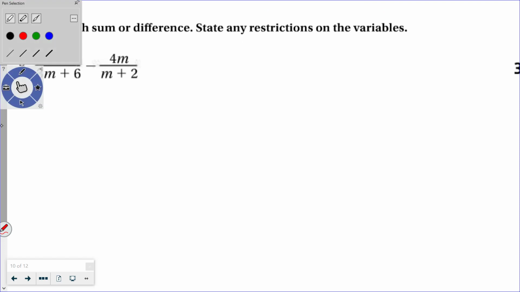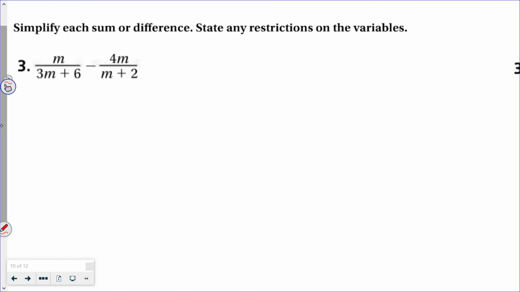If you didn't see it, Spencer, you'd be fine. You'll get it a lot quicker. If you didn't see that you had to multiply top and bottom by 3, if you factored the denominator on the left side, the GCF is 3, and you're left with m plus 2. So if you get stuck, Spencer, you didn't get stuck. You knew what to do.